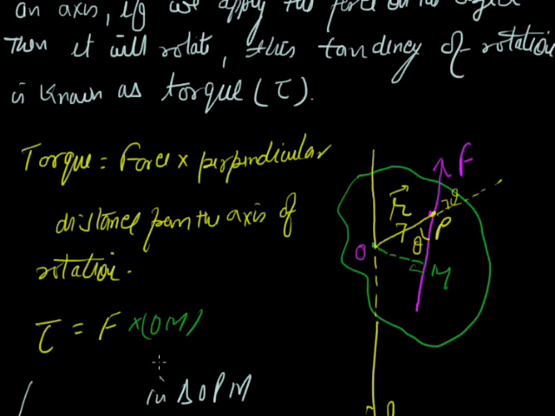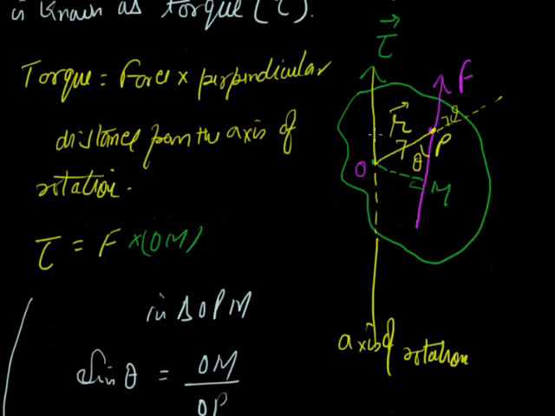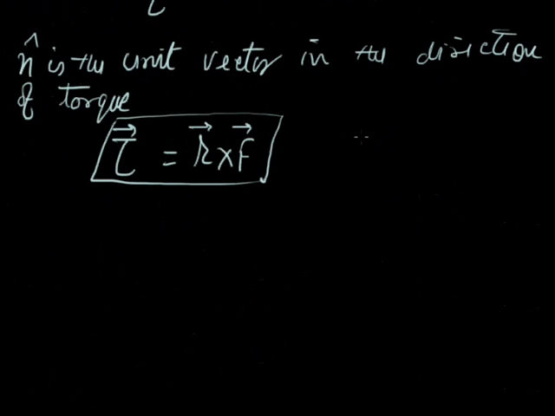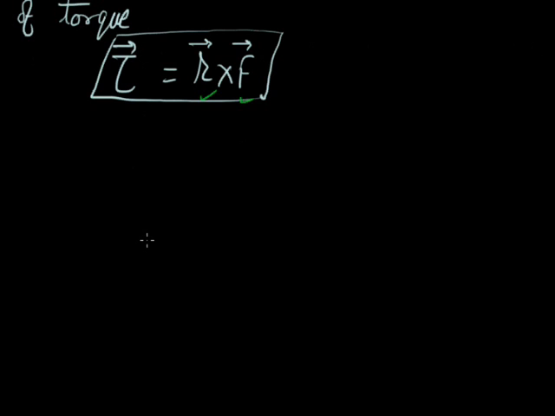This will show the direction of tau. On the figure, the direction of tau will be in this direction. The first vector is R, so in vector form, tau is R cross F.